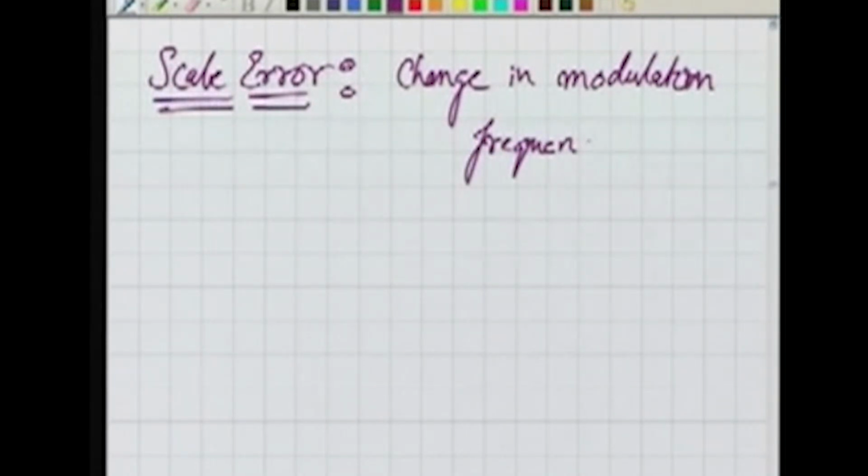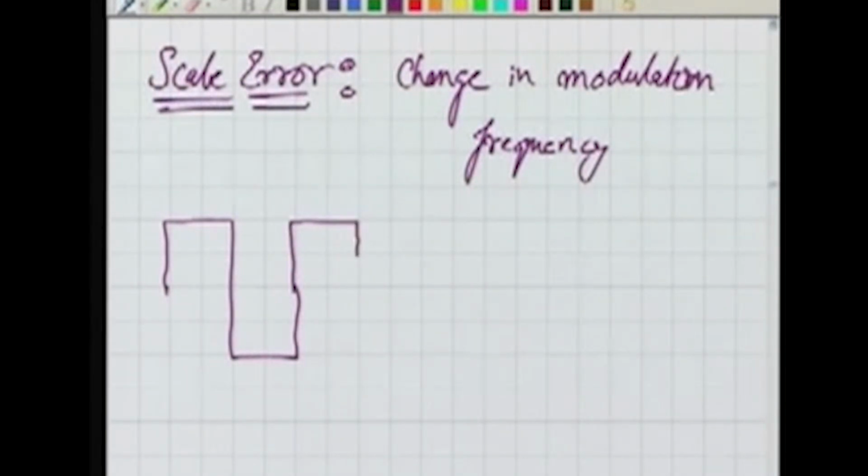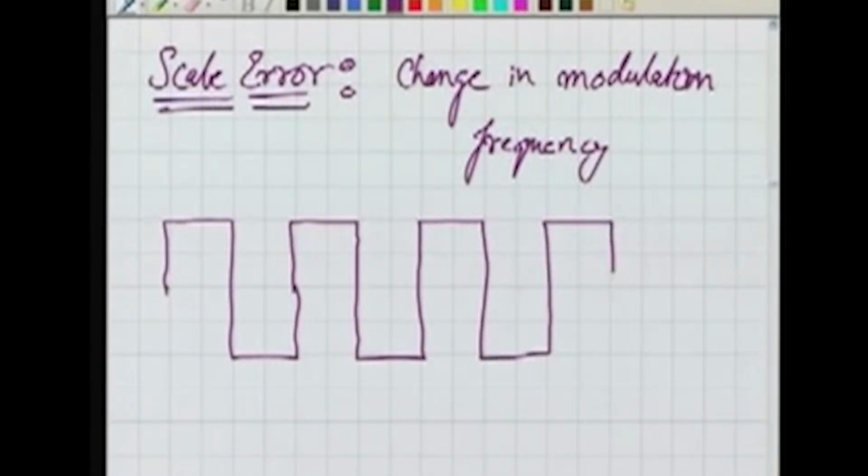I will explain what is the meaning of this term. In order to measure the distance, we are using a wave, and that carrier wave we are modulating, and this is how we want to measure the distance.